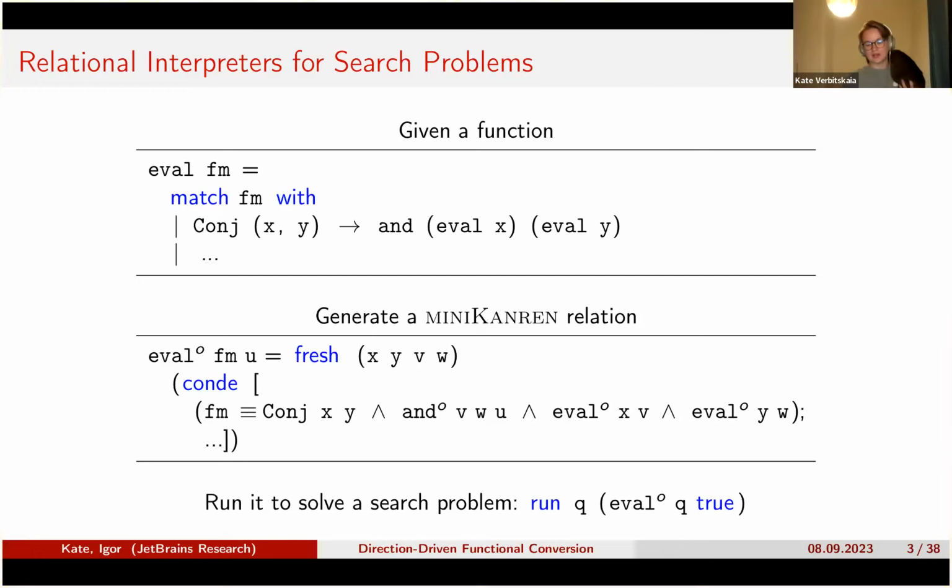So you just write an interpreter in your favorite functional language, translate it into a miniKanren relation, and then you run it in some direction to solve a more complicated problem, such as search or generation or whatever. This approach is very nice, but of course it struggles with performance. And performance is something which we try to improve in some of our attempts to do some stuff statically.